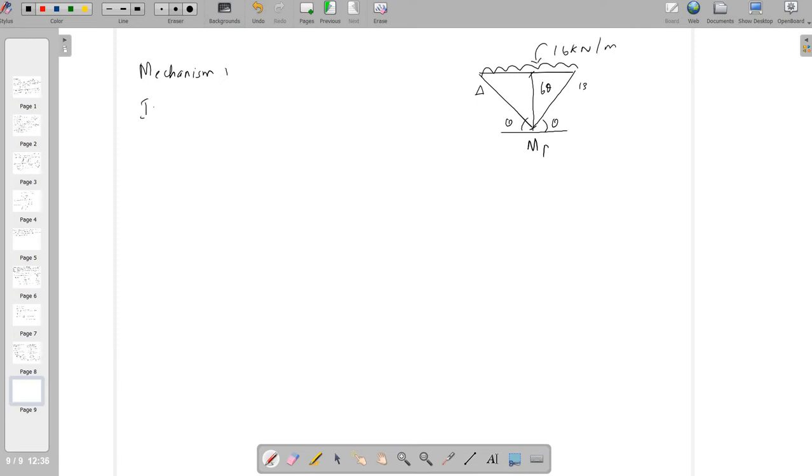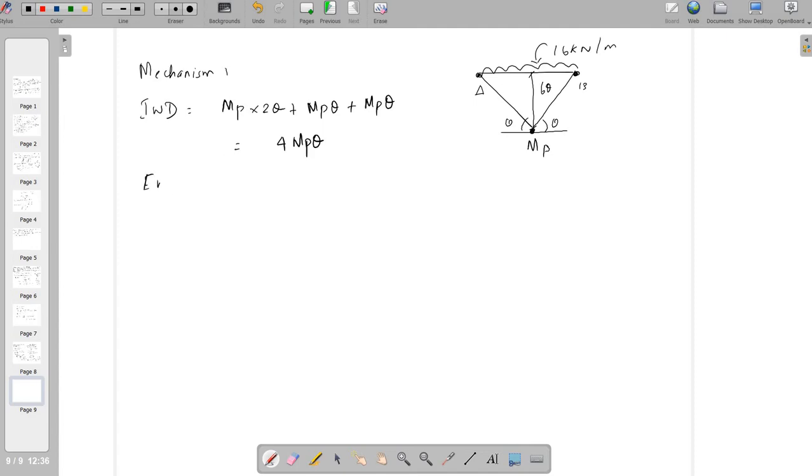So the internal work done is equal to, using the internal parameter of MP into 2 theta. Here it is the bottom point. In the left point and right point also the possible hinges form. So for the left point MP into theta, for the right point another MP into theta. So totally 4 MP theta is the internal work done.